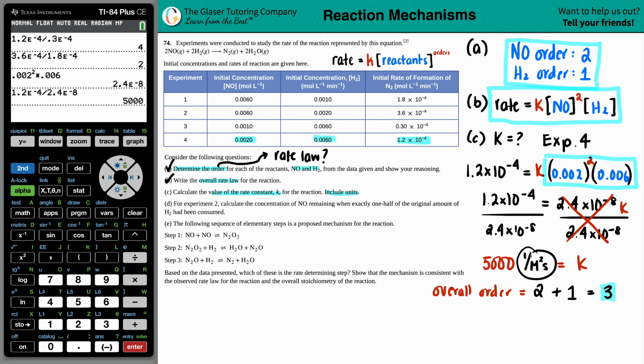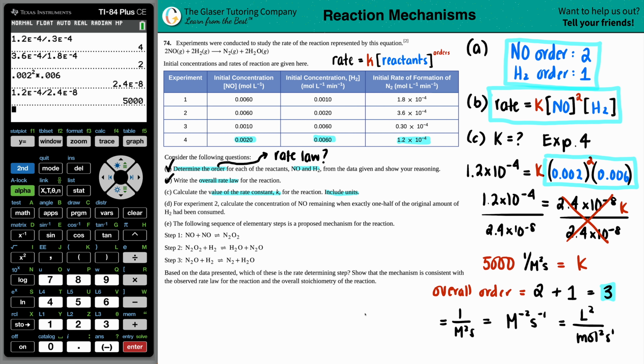But now this can be represented as many different things. So I'll say 1 over molarity squared times seconds is the same thing as molarity to the negative 2 times seconds to the negative 1. This is the same thing as saying liters squared over moles squared seconds to the minus 1.